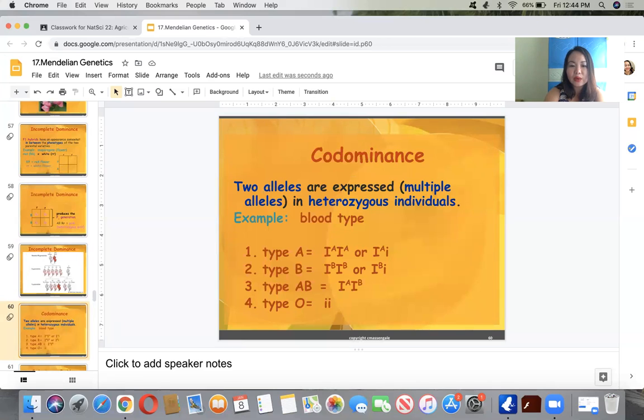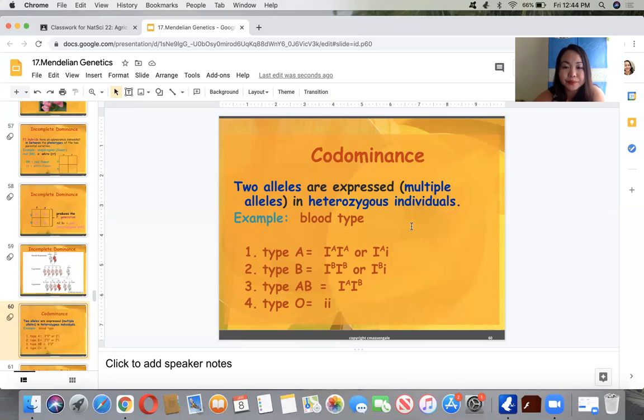So next, codominance is when two alleles are expressed in multiple alleles in heterozygous individuals. This happens with blood type, not only for humans but also for most animals.